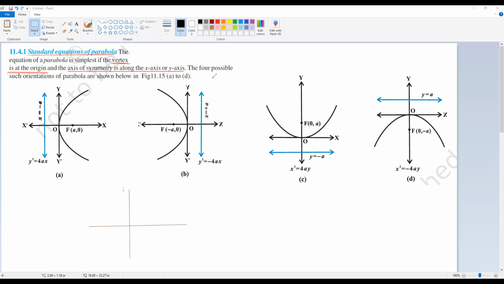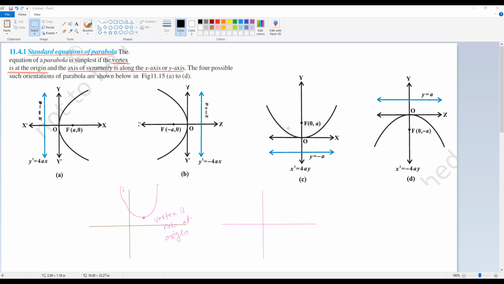You can see that if I draw like this parabola, vertex is not at the origin, isn't it? Understood?